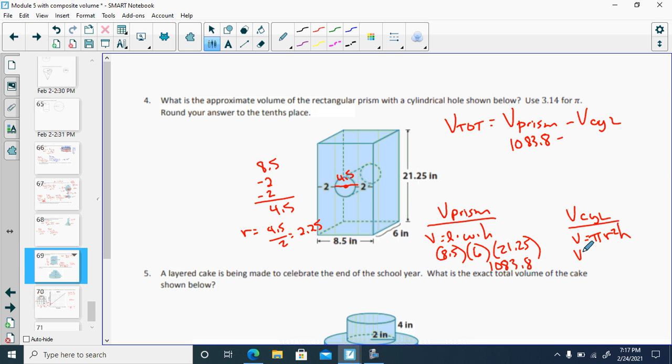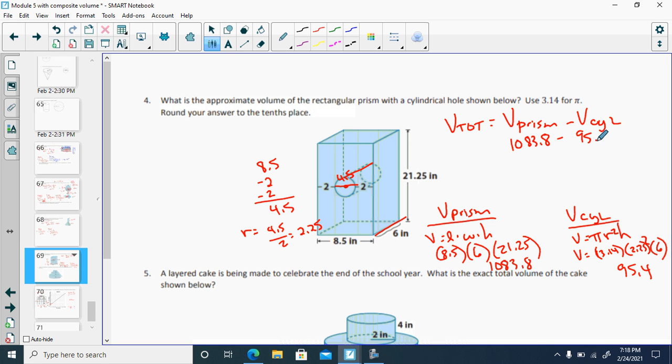So our volume is equal to pi, which we're going to put in as 3.14, times our radius 2.25 squared, times our height. And the height on this cylinder is the same as this length here, isn't it? Okay, 6. So 3.14 times 2.25 times 2.25 times 6 will give me 95.4.